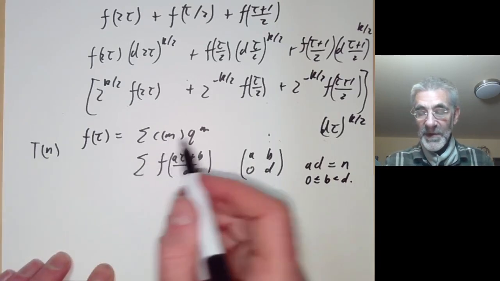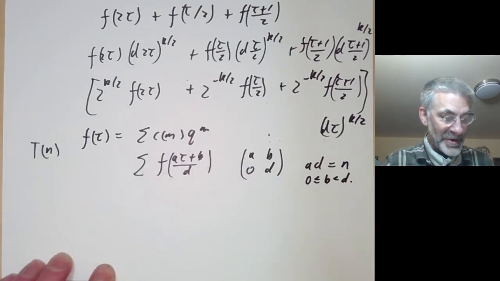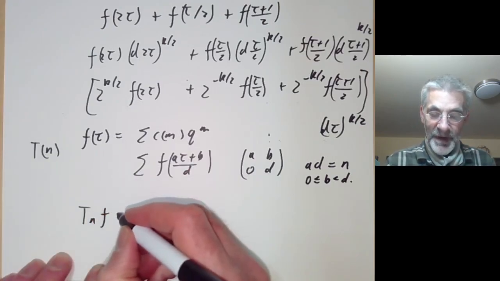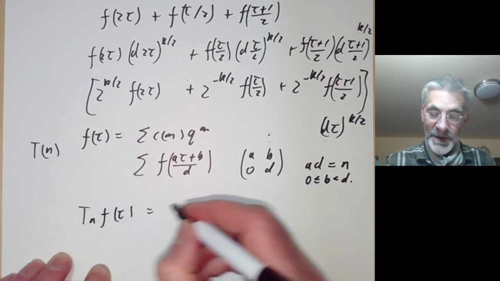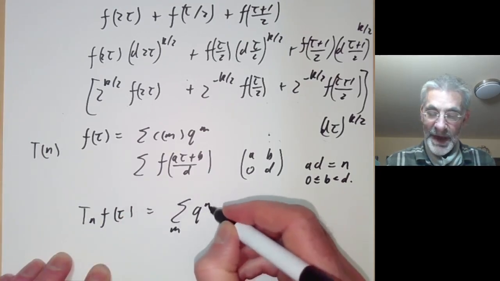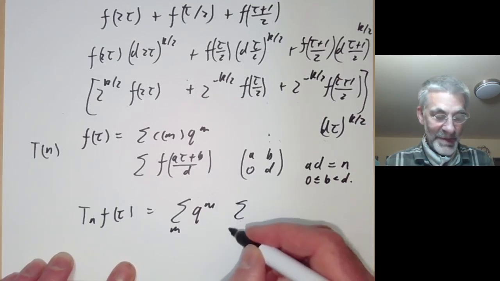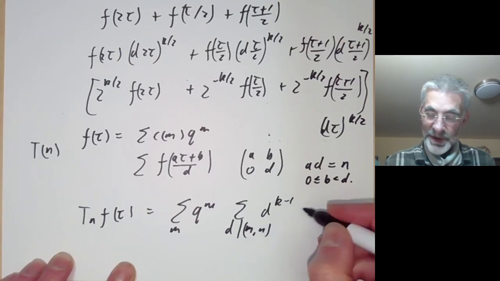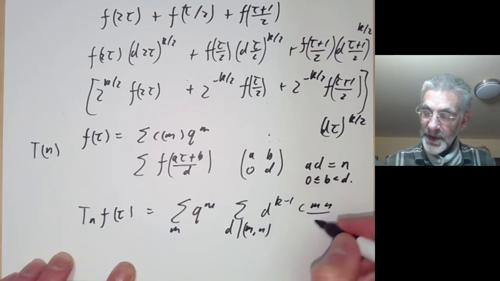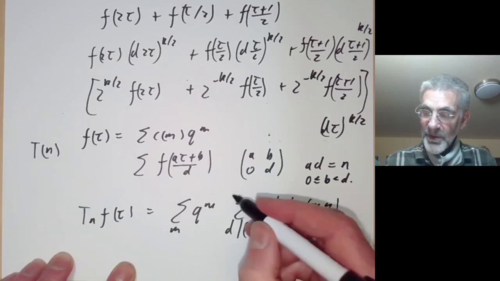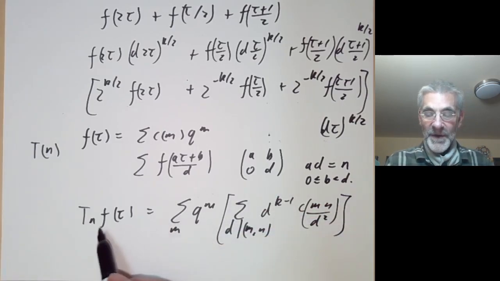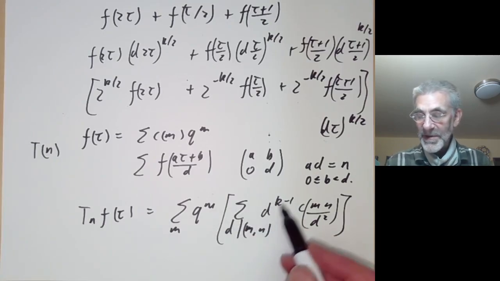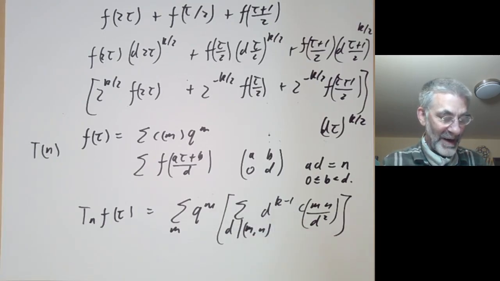It's not too difficult to work out what this does to the Fourier expansion. The answer you get is that Tn f of tau is equal to the sum over m of q to the m times the sum over d dividing (m, n) of d to the k minus 1 times c of mn over d squared. This is pretty much like the formula we had for the Hecke operator applied to modular functions, except we've got extra powers of d to the power of k lying around there.